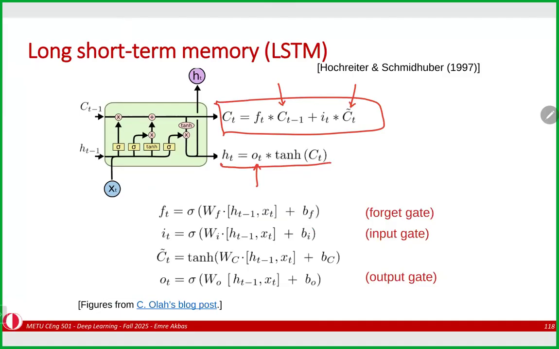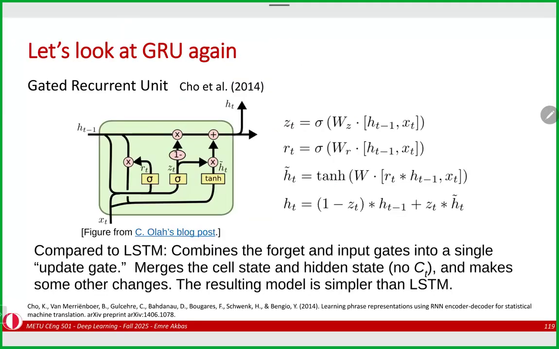But in GRU this is simplified. Look at the z_t here, 1 minus z_t and z_t. And it merges the cell state and hidden state. So there's no C_t because it's not really necessary. There's already an h_t, so the cell state is not necessary.